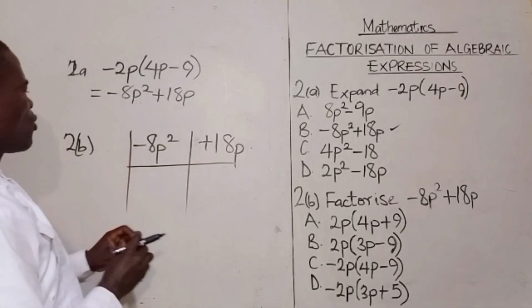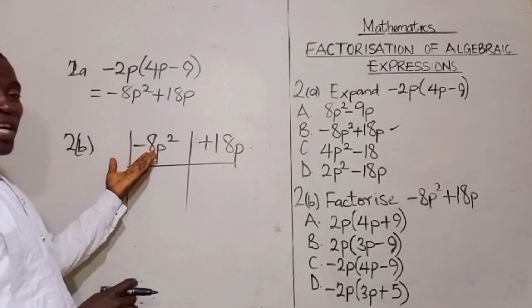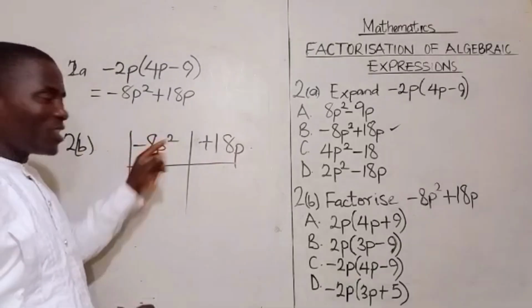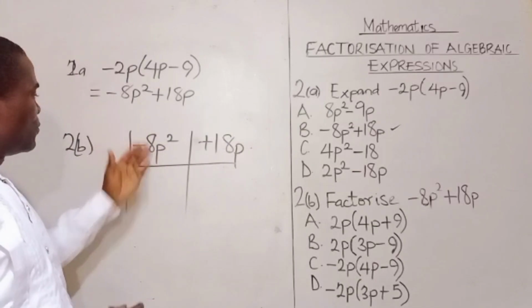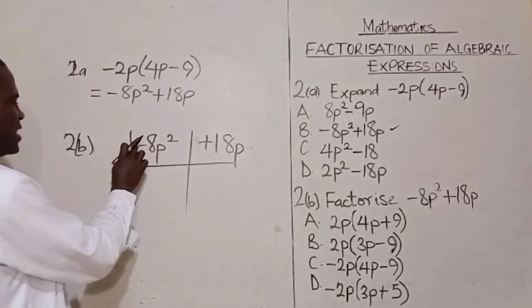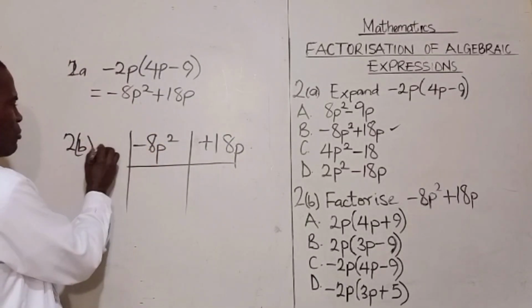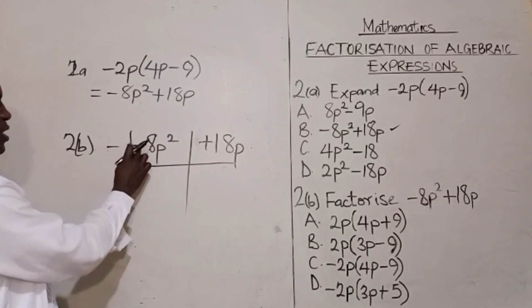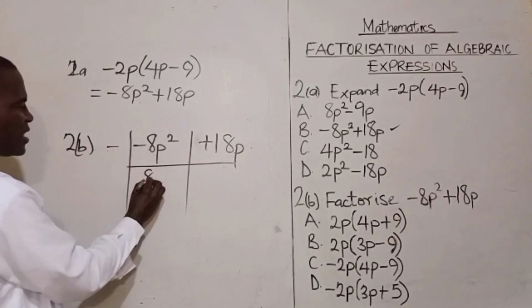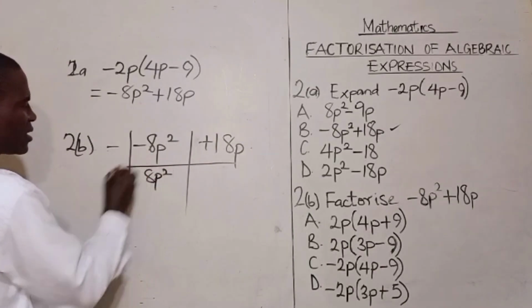Now we want to try to bring out the key that was introduced inside the room. Let us first of all look at it. This is minus. We'll bring it out, because minus times minus, the result is going to be 8p squared.